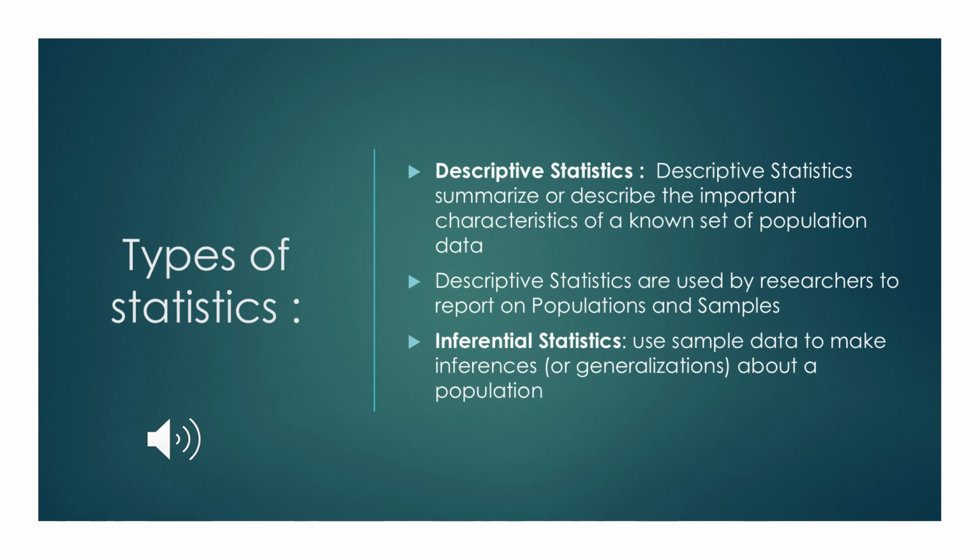So generalized data giving information on the whole population is inferential statistics. Descriptive statistics is done on a set of population data, whereas inferential statistics is done to give the inference, the generalizations about the population.